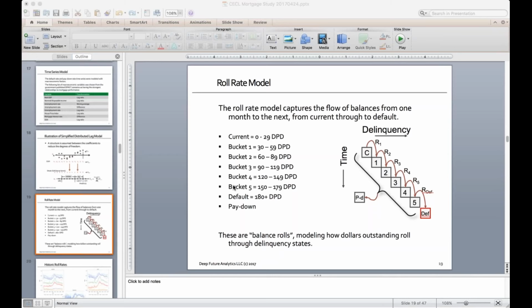The next kind of model we use are vintage models, and in earlier drafts of the CECL guidelines, there was specific mention of vintage modeling because the idea in a vintage model is that you consider the expected default probability as a function of how old the loan is. And for a lifetime loss calculation, that's very natural to look at.